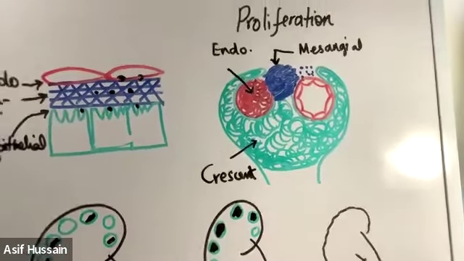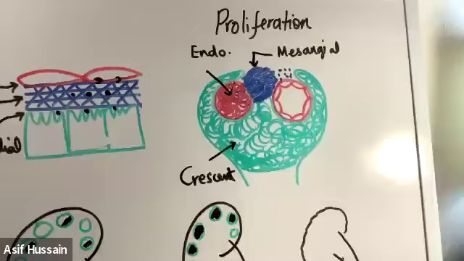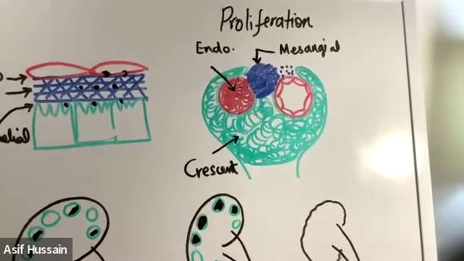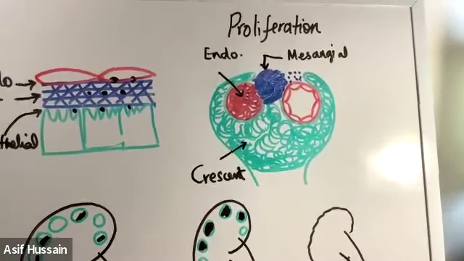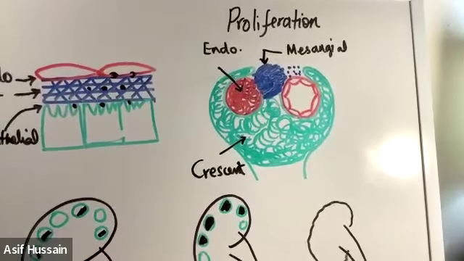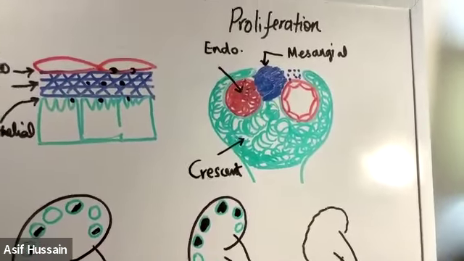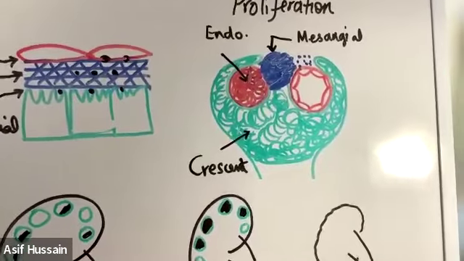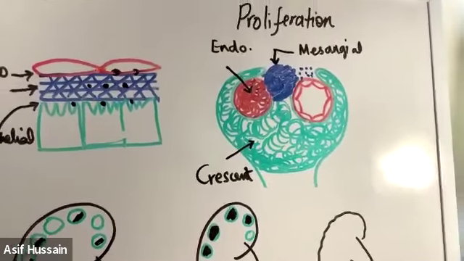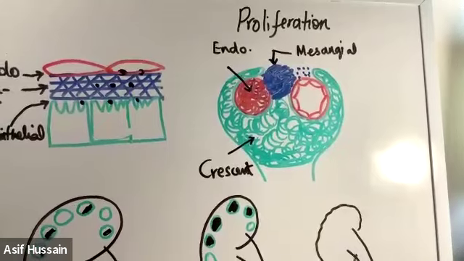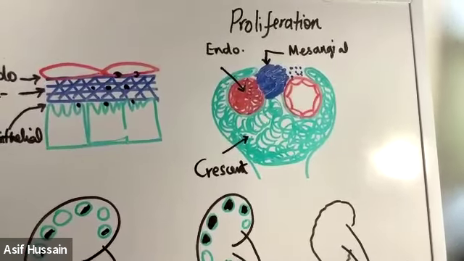Now, if you look at this diagram, the mesangial, which is shown in the blue, there's quite extensive proliferation of the mesangium. And if you look at the capillaries, one of the capillaries is completely occluded due to the endothelial proliferation. Mesangial cells and endothelial cells are the commonest ones to proliferate.